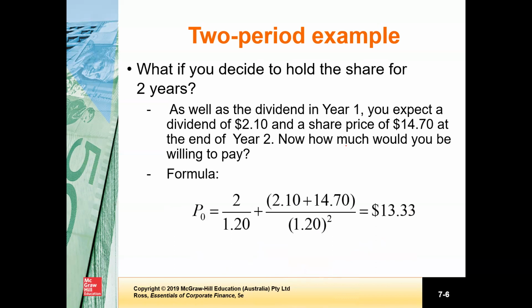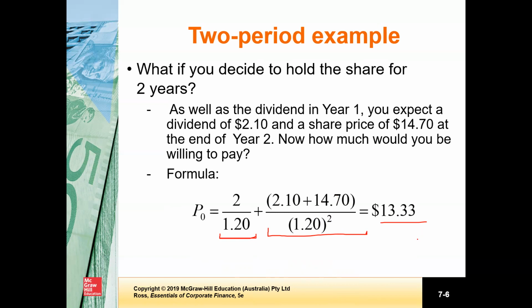So once again, what you do is find the present value. This one is the present value of the first year dividend, and this one is the present value of the second year dividend, as well as the sale price. You see that you should be paying $13.33 to buy this share.